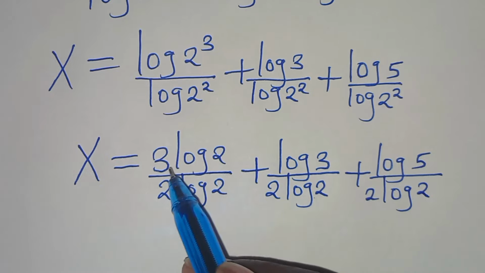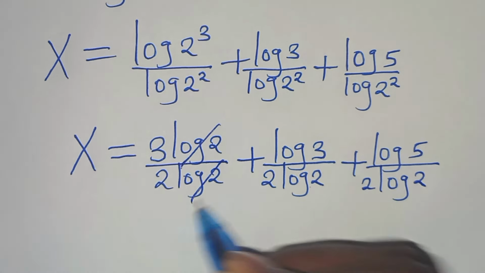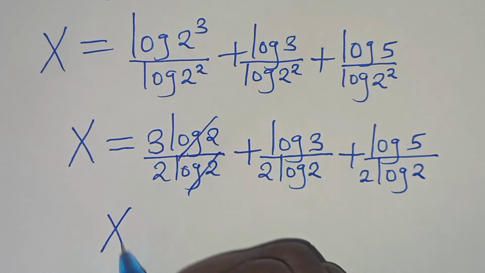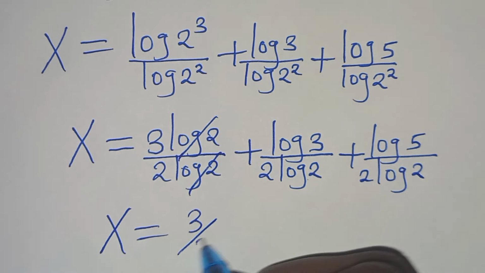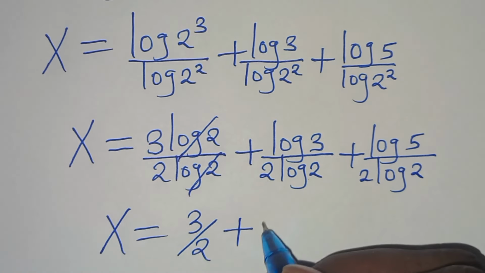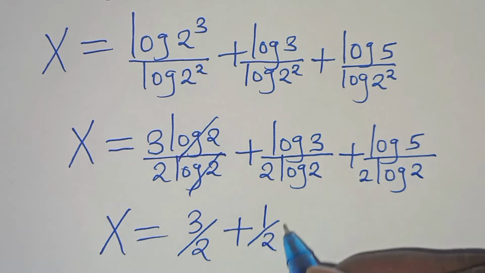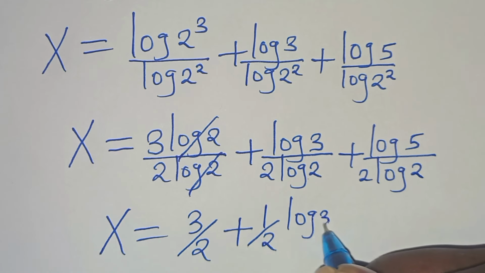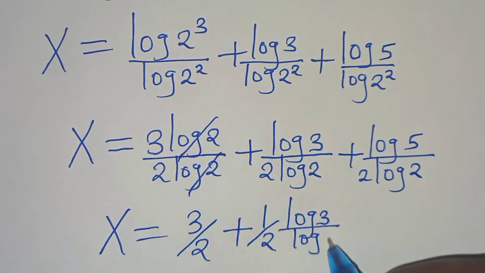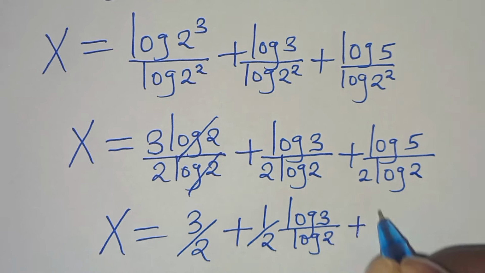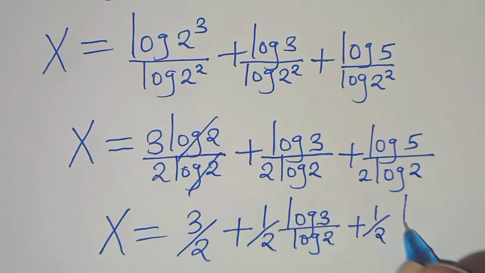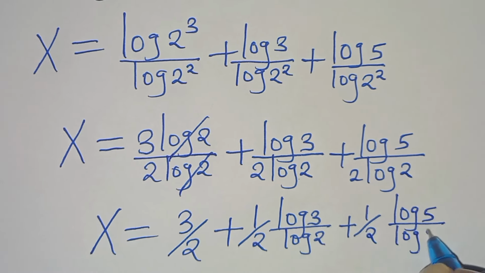Now we have that log 2 and log 2 here simplify so that now x is equal to 3 over 2 plus a half log 3 divided by log 2, then plus a half log 5 divided by log 2.